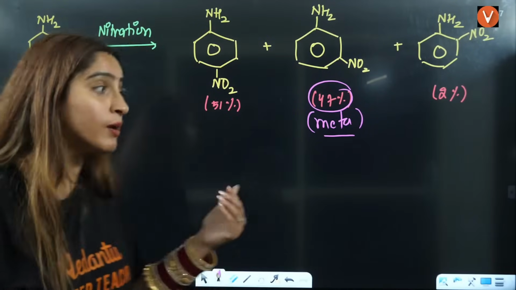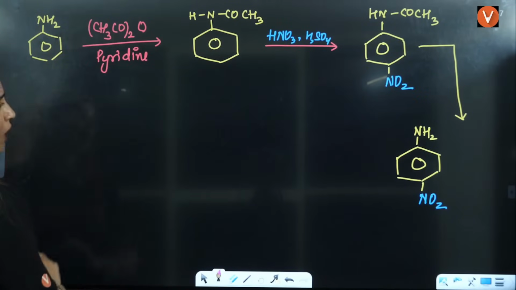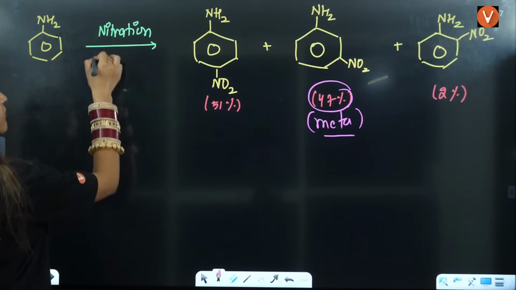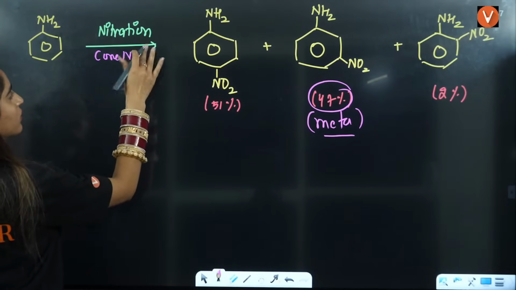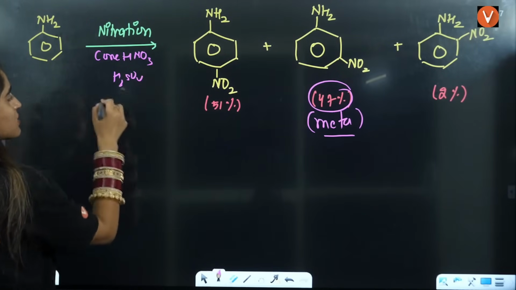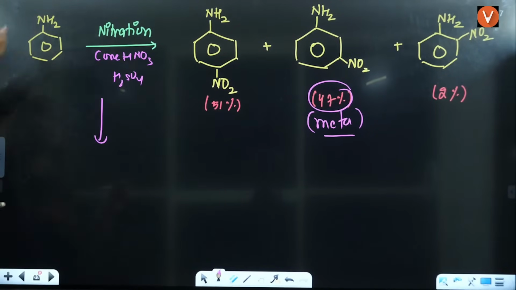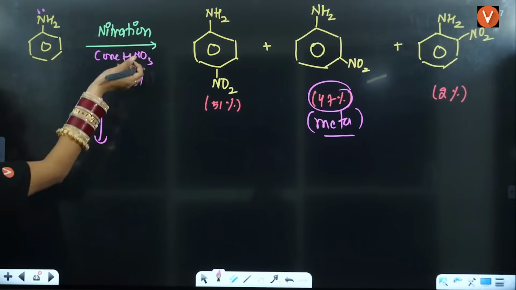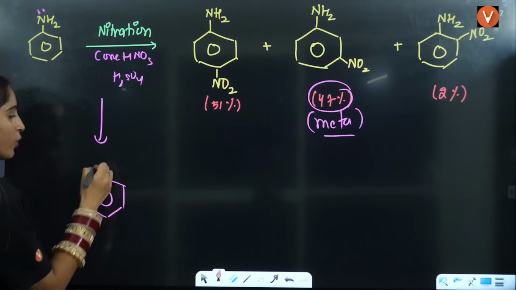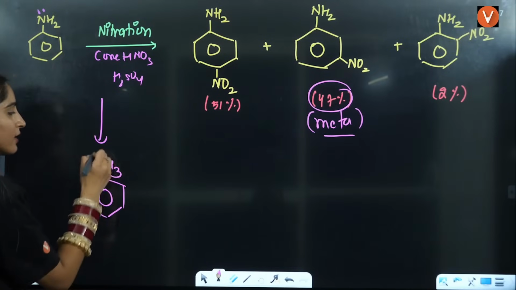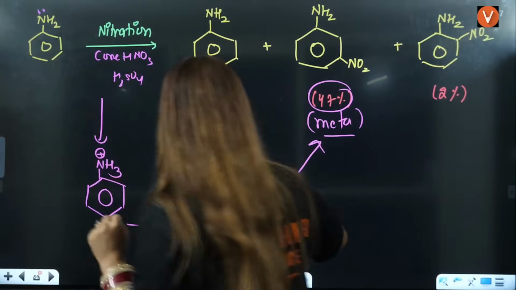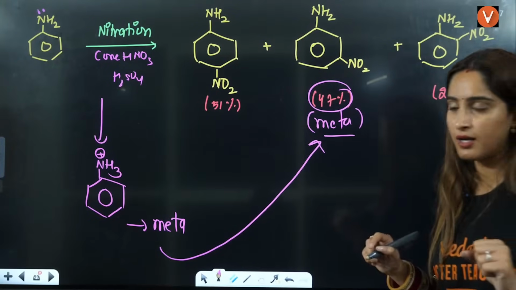The reason is concentrated HNO3 and H2SO4. This is acidic condition, and this is a base. So this base abstracts a proton from the acid and gets converted to anilinium ion. This anilinium ion is meta directing, and that is why you have 47% meta product here.